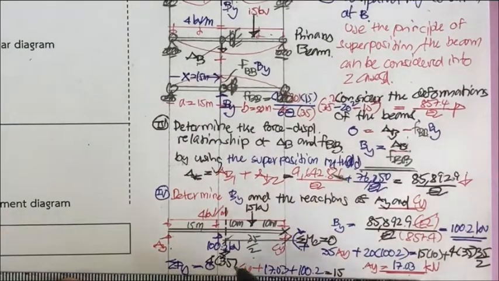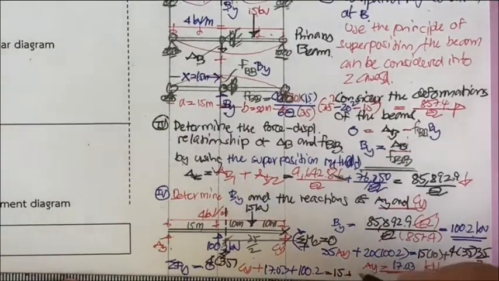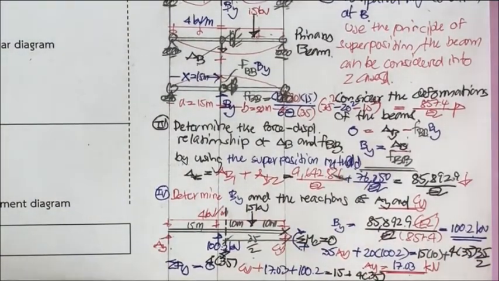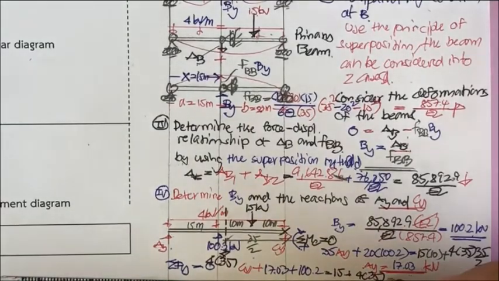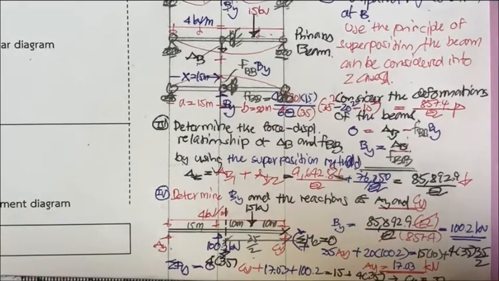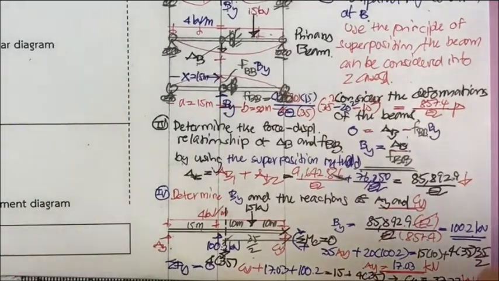Okay, and this one plus 4 times 35. And now you do the calculation. You will get C sub y equal to how many? 37.77. 37.77 kilonewton is up. Okay, this one also up.